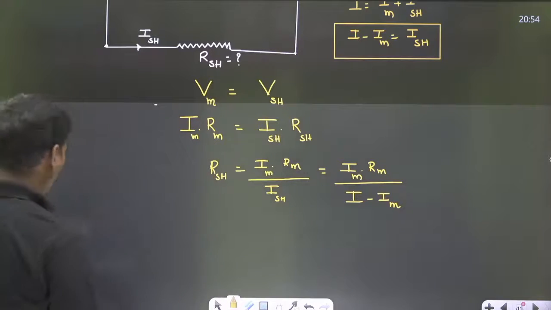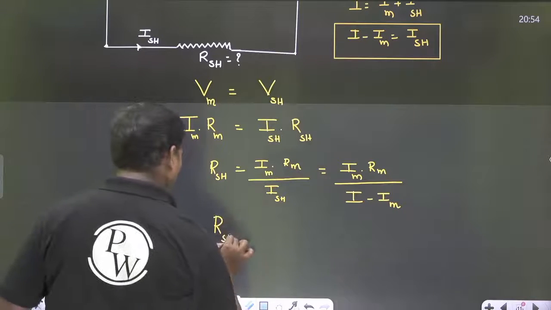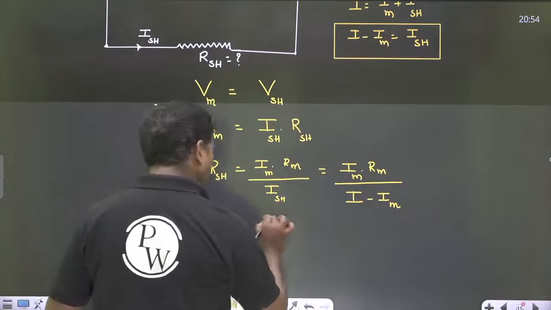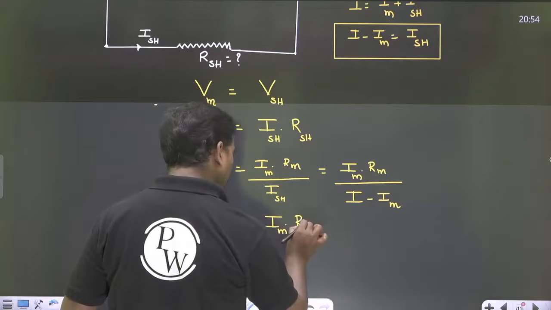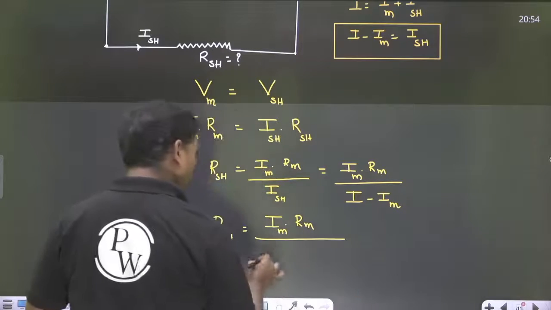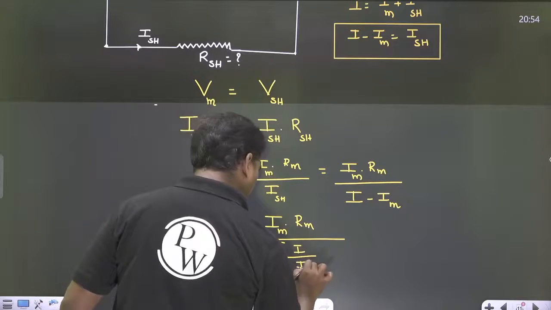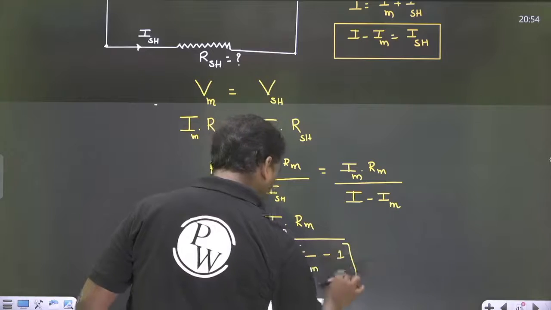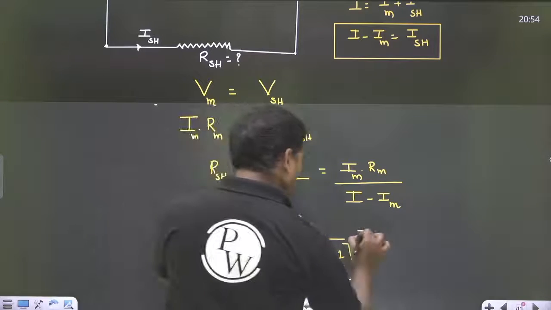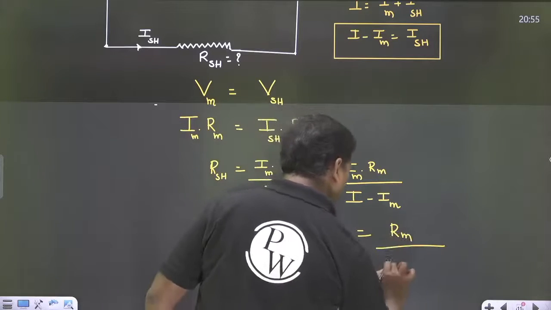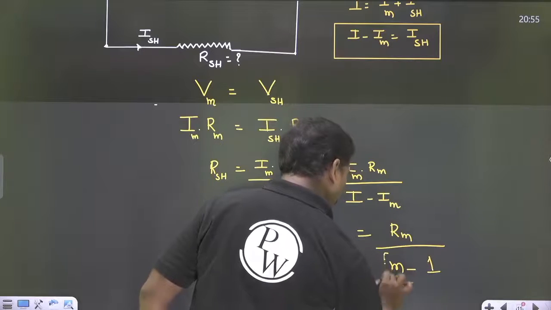Okay. So now if I take Im out, this will be I by Im minus 1. So Im gets cancelled. So this can be taken as M minus 1.